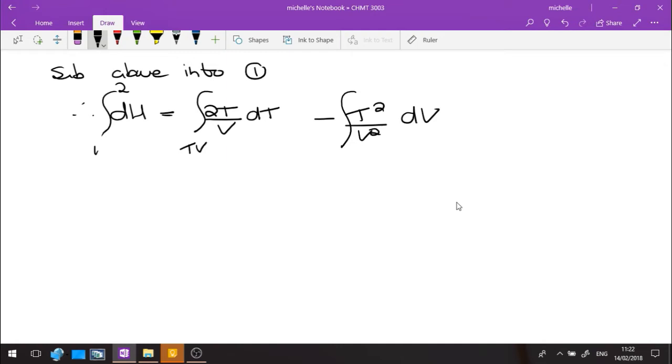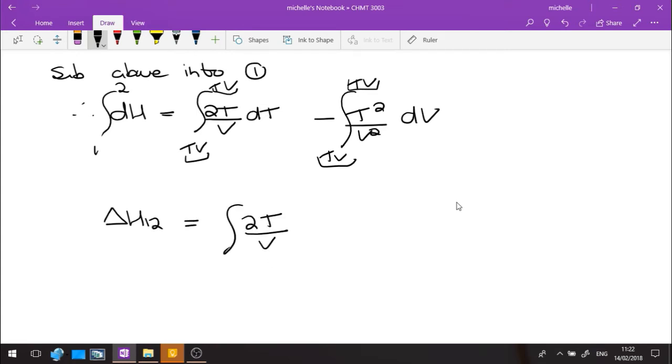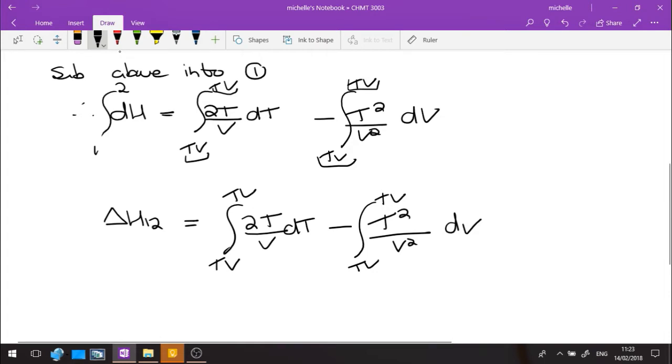But I don't know my TV combination. So these are variables, right? So you go, okay, well, at least I know I can say that delta H12 is equal to the integral of 2T over V dT minus T squared over V squared dV. And I'm going to take it to some sort of TV combination.